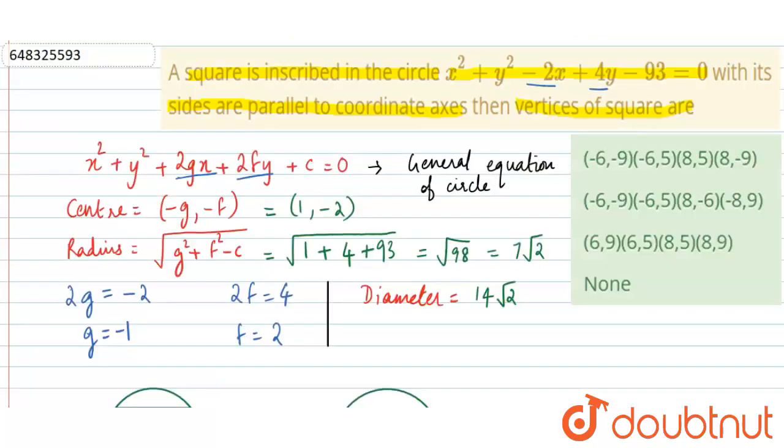Now it's given that sides of the square are parallel to the coordinate axis. So that means the equation of the sides will be of the format x is equal to a constant and y is equal to another constant. Each side will have an equation of this format.